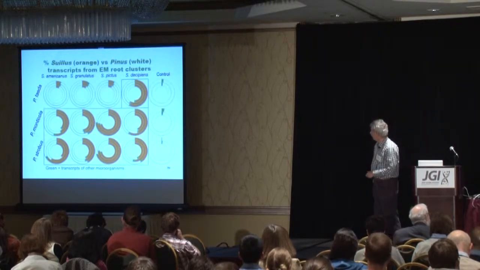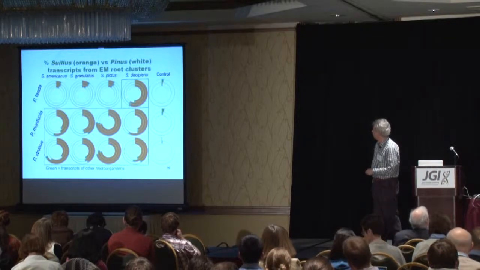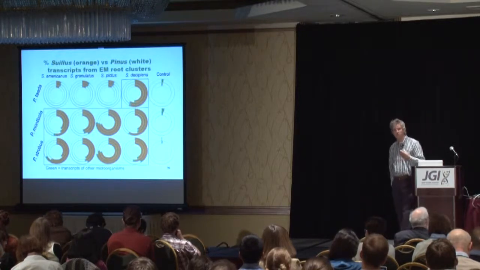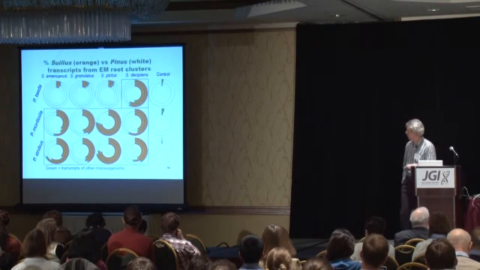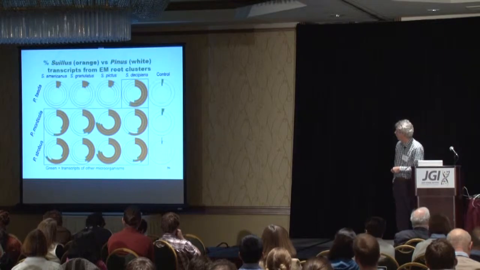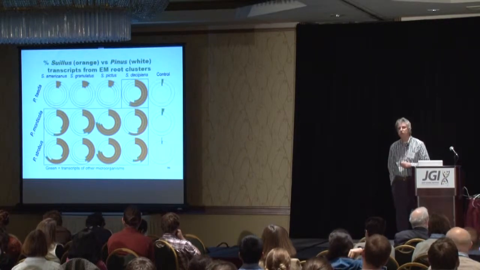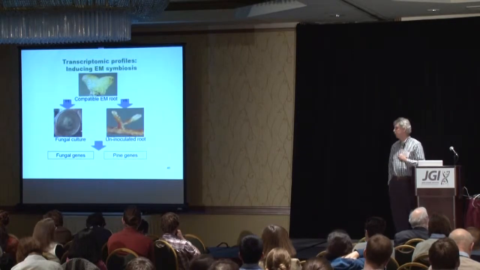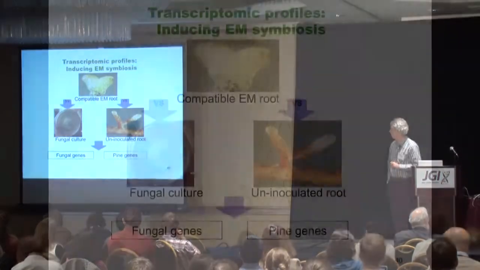And the white portion shows the plant genes. We can map those, including the plant genes in the control. So we can also have uninoculated controls. You can see that the incompatible pairings do express a small level of fungal transcripts, but they are largely incompatible. So they're not forming a symbiosis.